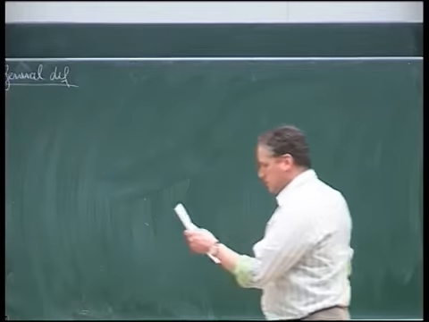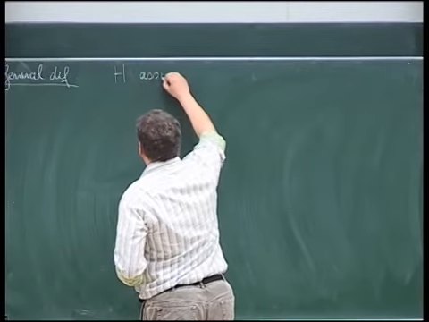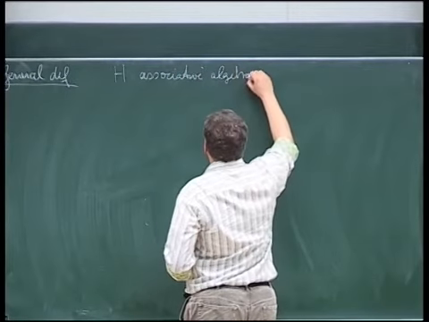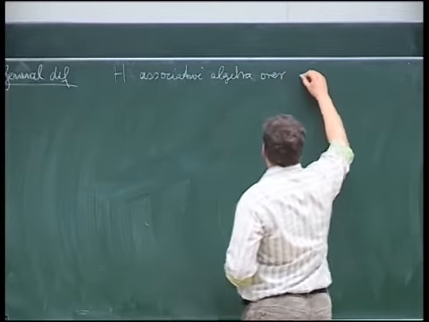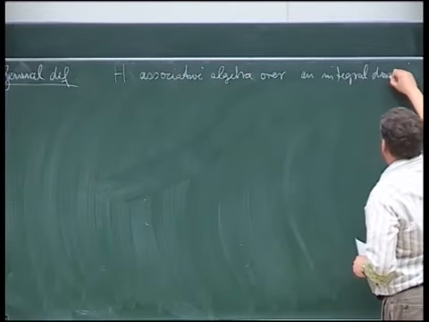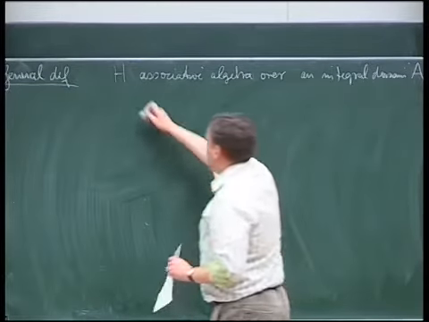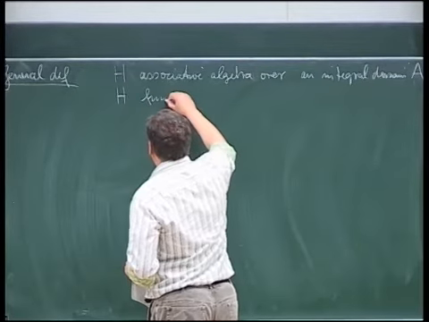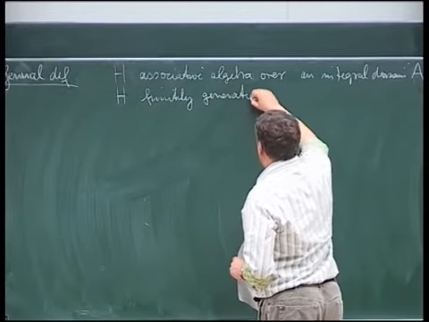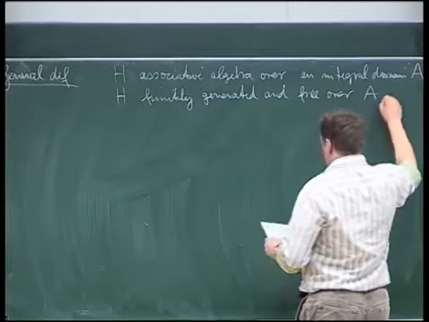Well, I still use the same letters here, so let H be an associative algebra over an integral domain A. So we assume that H is finitely generated and free over A.